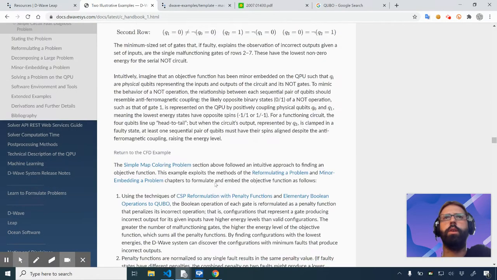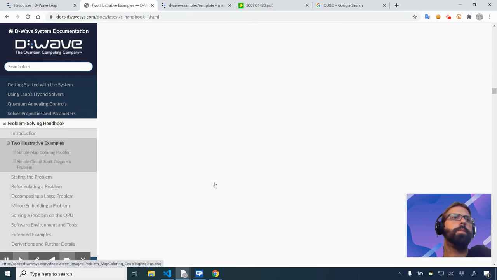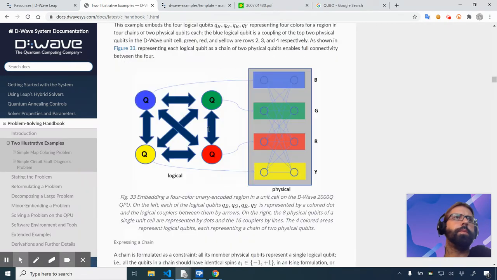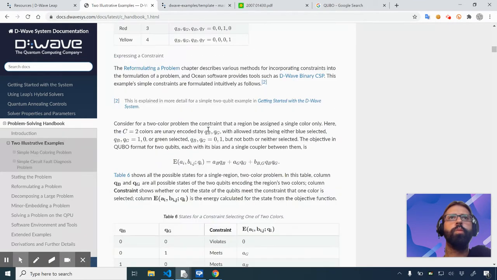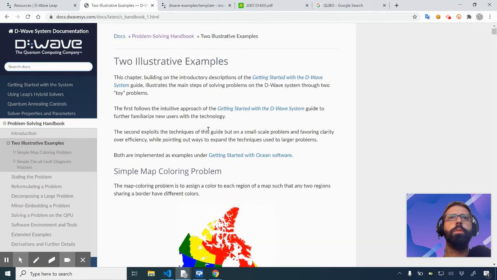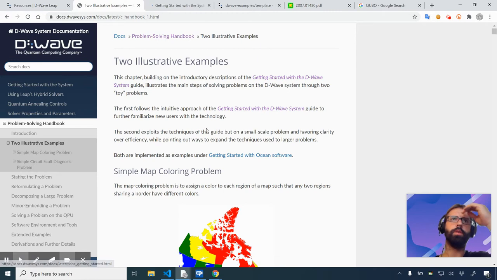That's a long document. This is an interesting description, getting started with the D-Wave system. Toy problems. Maybe I should take a look at these first.